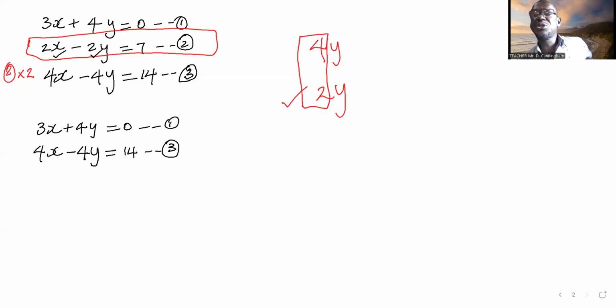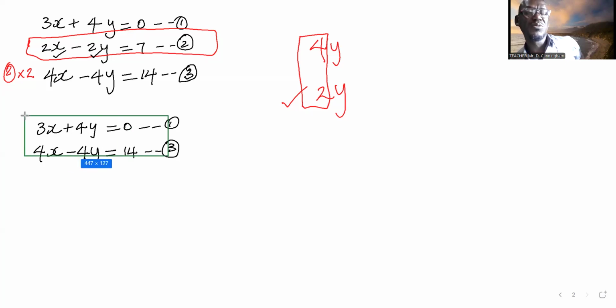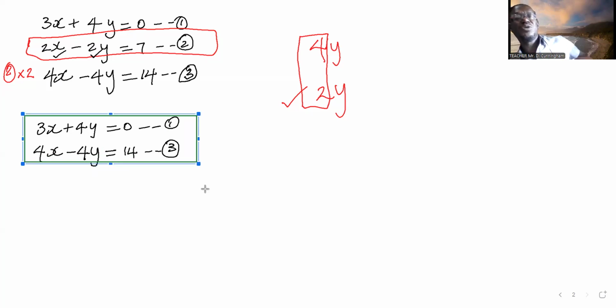This is the equation we're going to use now because we have a match. So we're using equation 1 and equation 3.